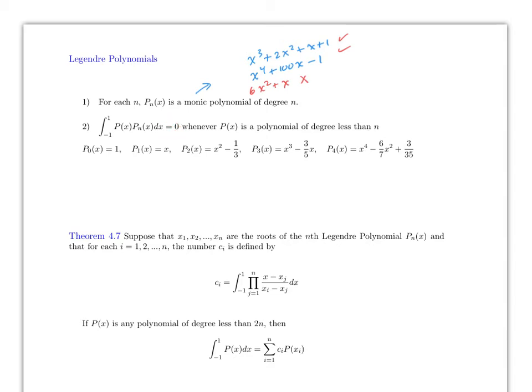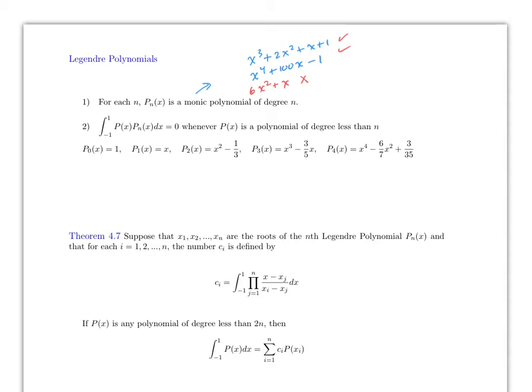Now here is a list of the first four Legendre polynomials. So p0 is 1, p1 is x, p2 is x squared minus 1 over 3, and so forth.